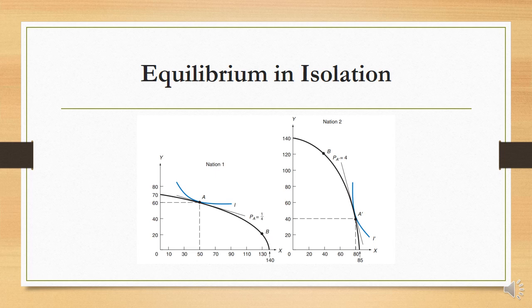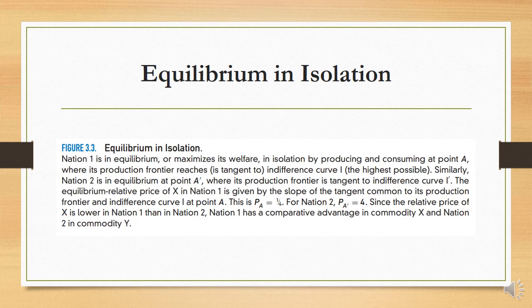Look at the diagram of nation 2. Indifference curve I prime is tangent at point A prime with the PPF, and nation 2 consumes 85 units of X and 40 of Y. Nation 1 is in equilibrium, or maximizes its welfare in isolation, by producing and consuming at point A, where its production frontier is tangent to indifference curve 1, the highest possible.